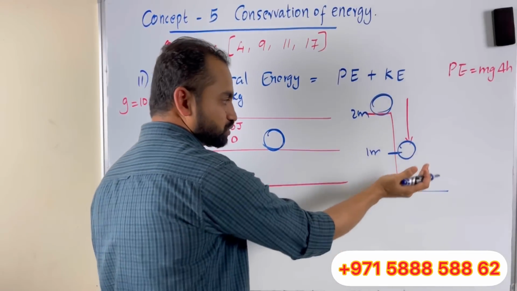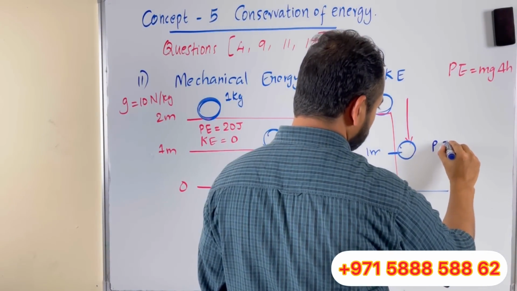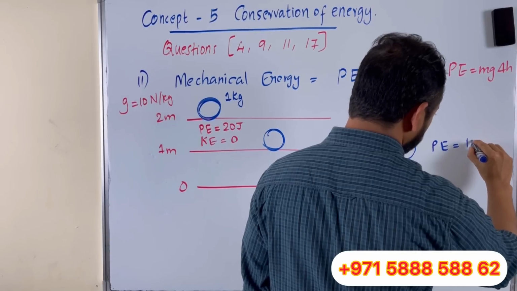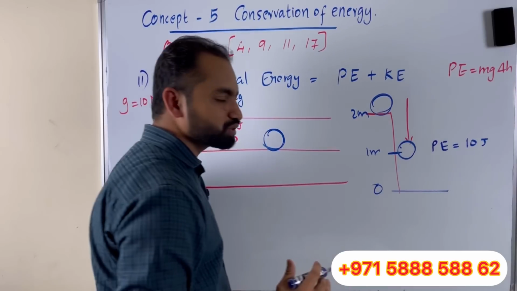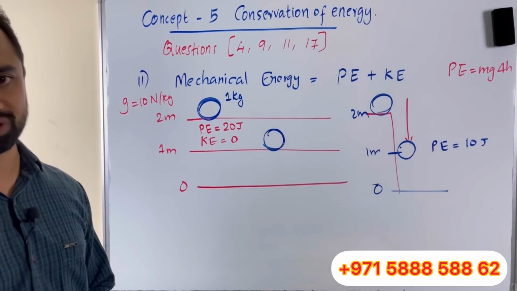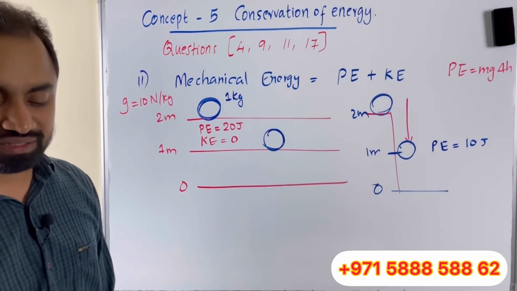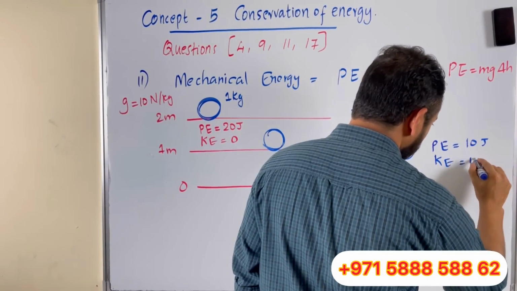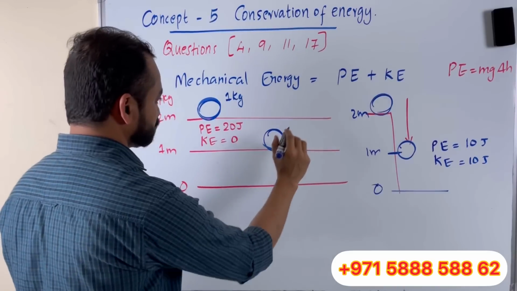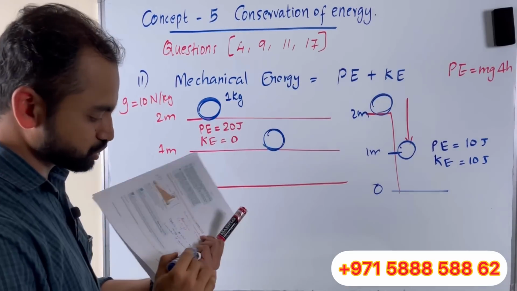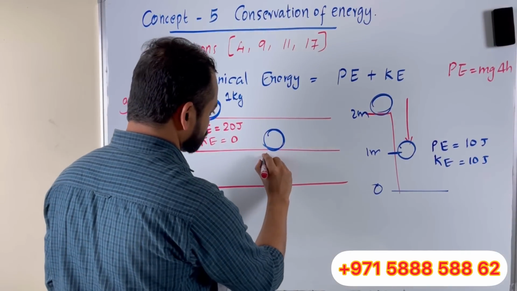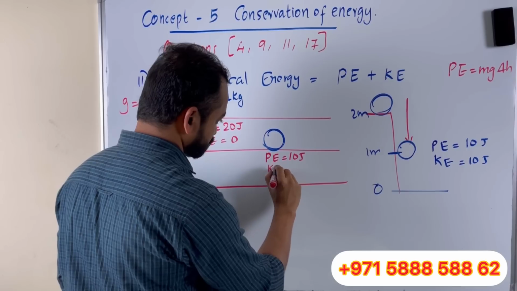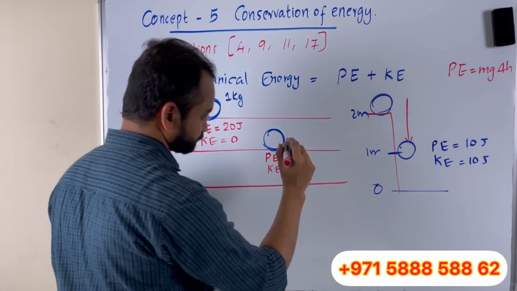Now the height is only 1 meter, so the potential energy is only 10 joule. What happened to the other 10 joule of potential energy that is lost? That is converted to kinetic energy. So here the kinetic energy is equal to 10 joule. Here its potential energy is 10 joule, and kinetic energy is also 10 joule.